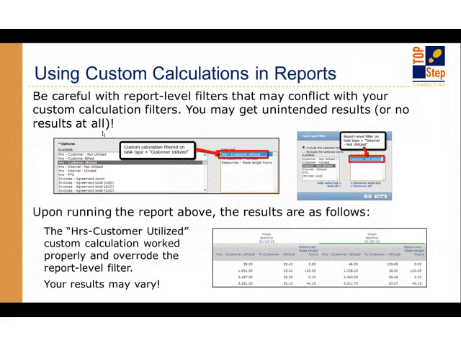This is similar to the issue with the date range filters, but this is regarding the data filters on the custom calculations. In this example, the hours customer utilized custom calculation itself, if you remember, is timesheets all hours times a constant, and then it's filtered on a task type of customer utilized.